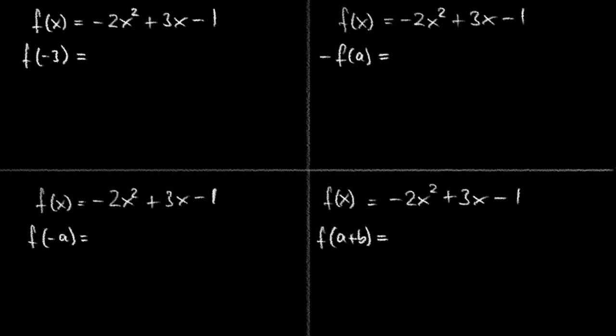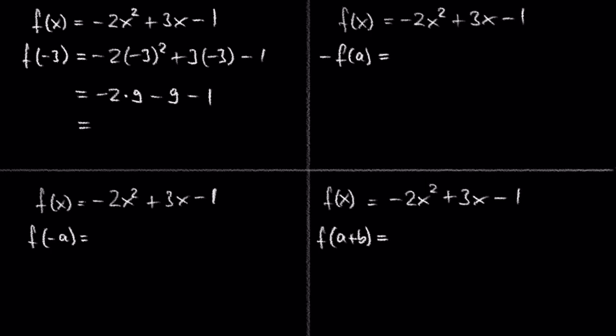In the first example, the only thing we have to do is just to plug in negative 3 for x. So we get f of negative 3 equals negative 2 times negative 3 squared plus 3 times negative 3 minus 1. Negative 3 squared is 9, and 3 times negative 3 is negative 9.